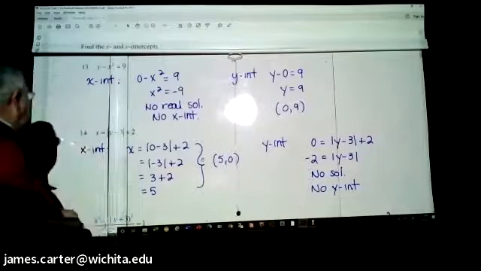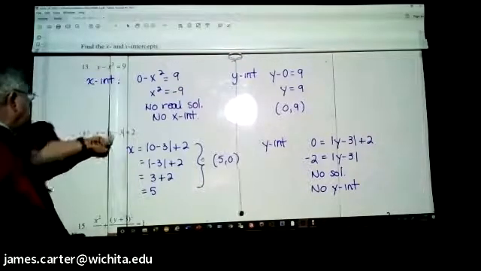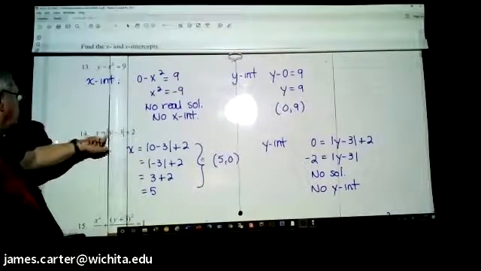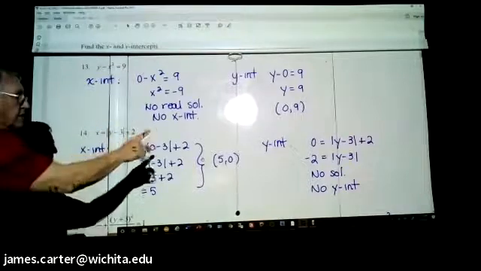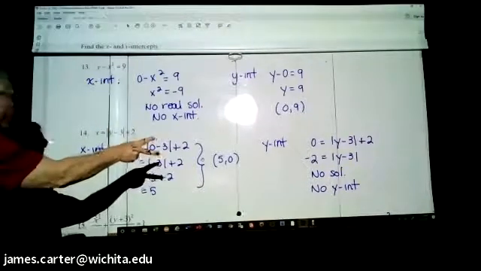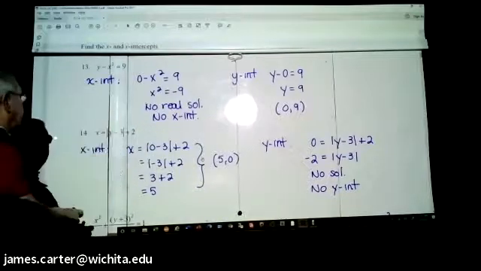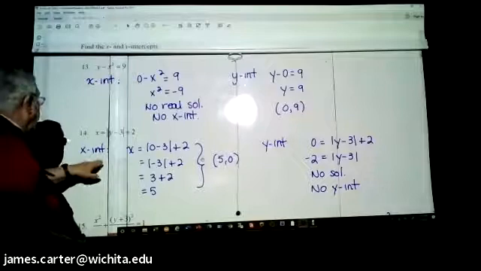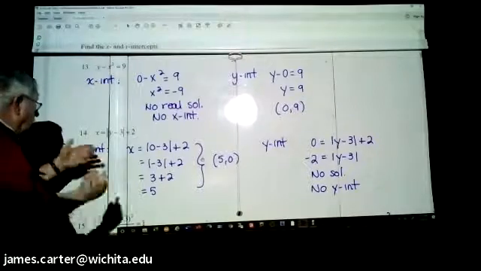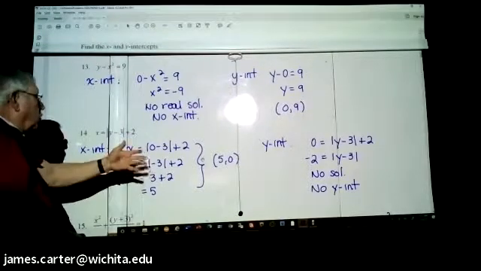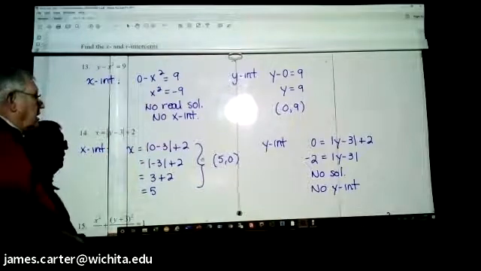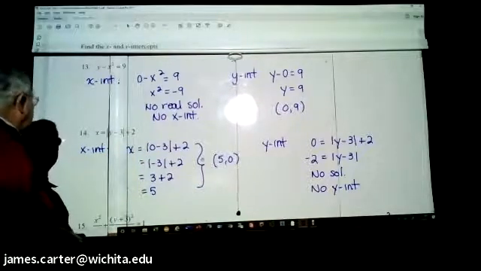Number 14, we got these reversed. So this V is going to go that way instead of this way. Once again, all this asks us is to find the y and x intercepts.